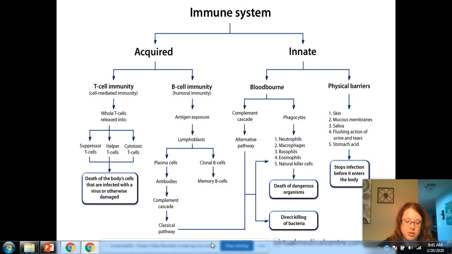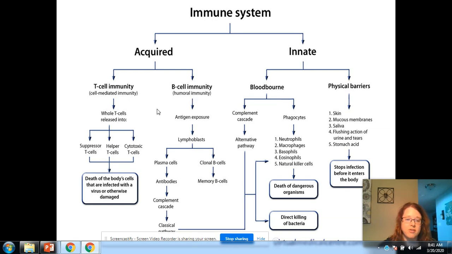then the bloodborne, these are more chemical, the complement proteins. You also had the phagocytes. These are all the different types of phagocytes and how they all kill foreign invaders. So acquired immunity, that is specific immunity, and I'm going to get into that in the next PowerPoint, but it is divided up into the cell-mediated and the humoral immunity.